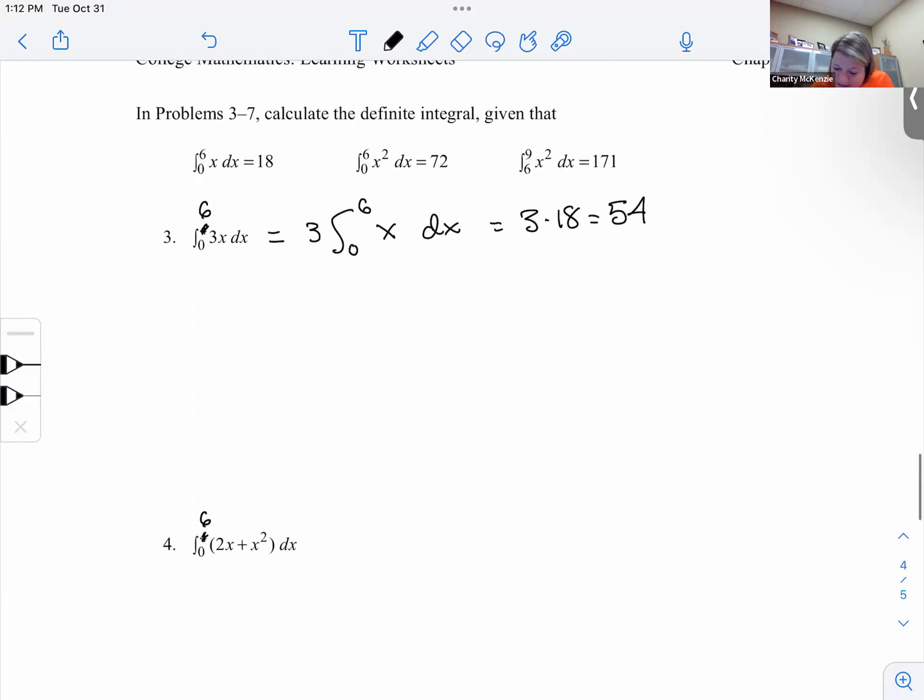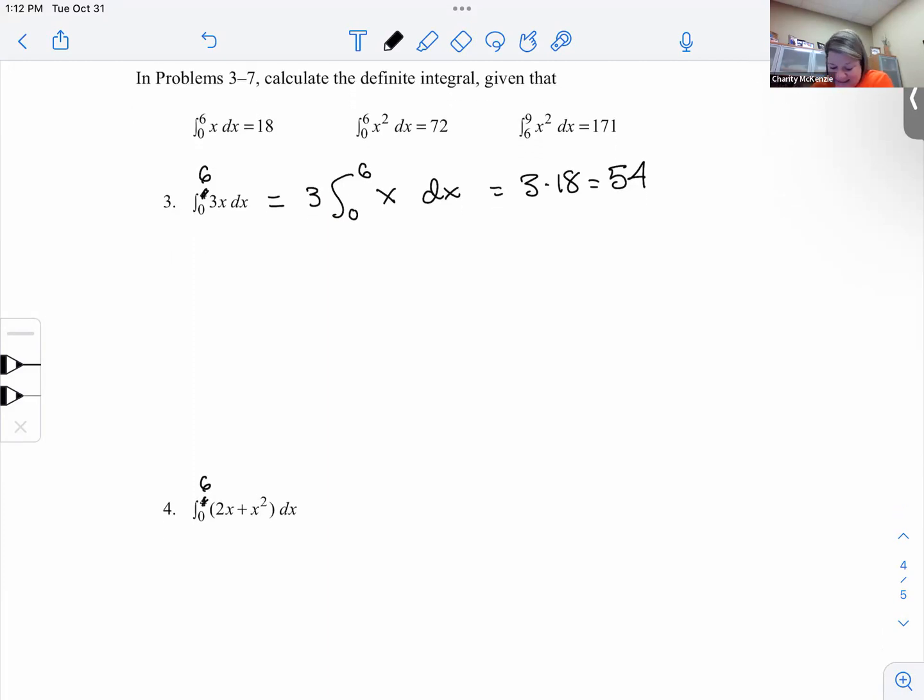Okay, the next one's a little bit harder. It has an x and an x squared, all from 0 to 6. So I'm going to think of it as the first part, which is 2 times the area of the x part, which is 18, plus the 0 to 6 of x squared, which is the 72.